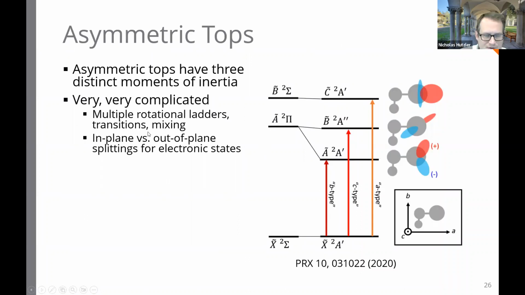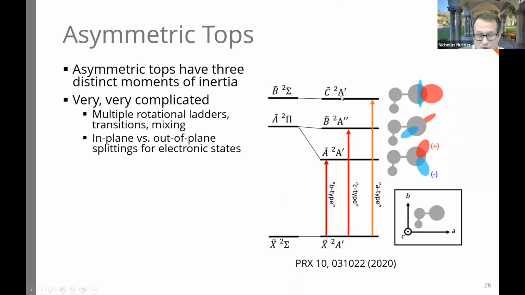I won't say too much about these other than they're very, very complicated. Just looking up the rotational structure of one of these states is hard, because there are multiple rotational ladders because of the different moments of inertia. There's a lot of mixing between them.